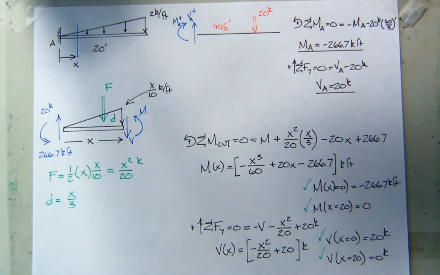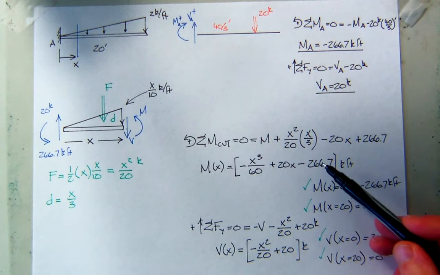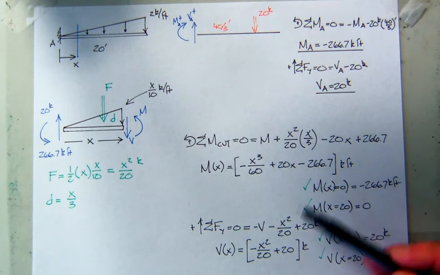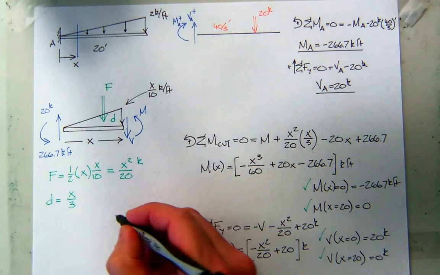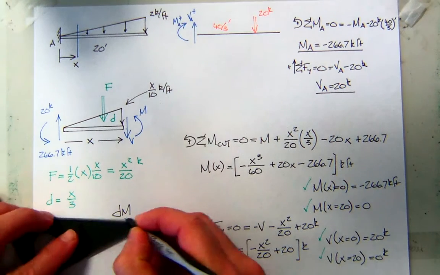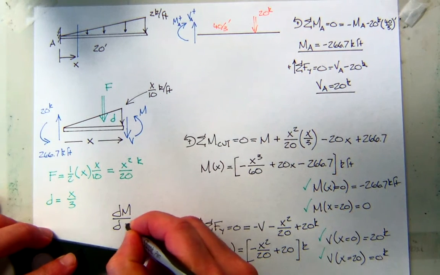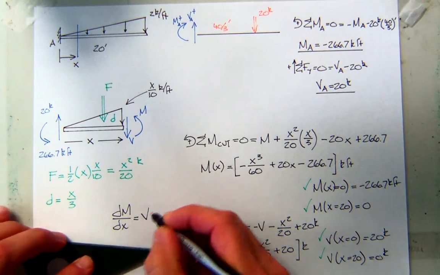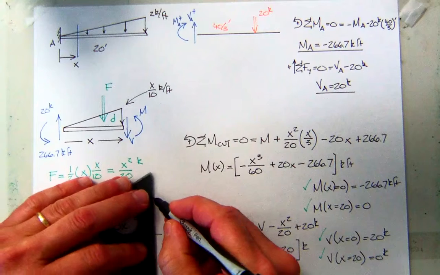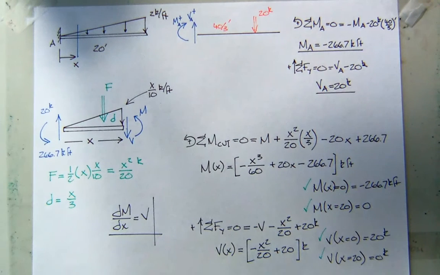Now here's the magic. Is there a relationship between moment and shear? Yes. That's right. The derivative of the moment with respect to x is the shear. Is that true, or is that just anecdotal? Right now it's just anecdotal, but we'll find out it is true. Very soon we'll find that out. All right. Thank you for your patience.